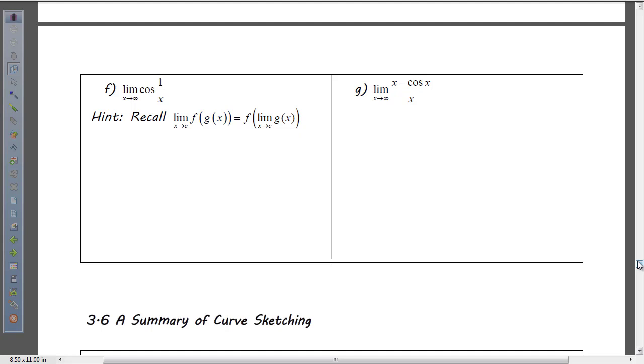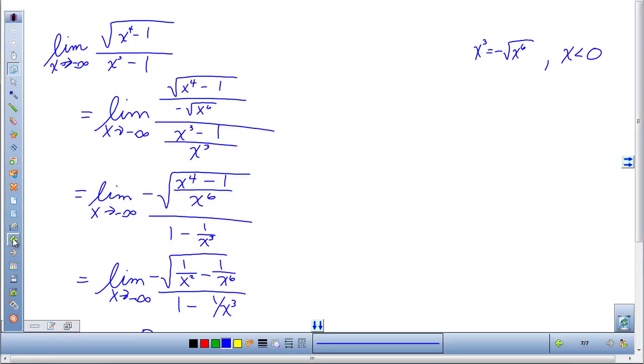Basically we evaluated the limit of the things that were inside of the radical. Let me back up here so we can see that. We've done that several times, but I've been focusing on evaluating these limits instead of doing the radical first. We can move that limit inside of the radical expression and then take the radical. So we found that this was 0, and then the square root of 0 is 0. So we've been doing that already.